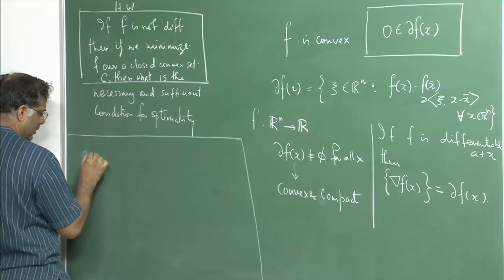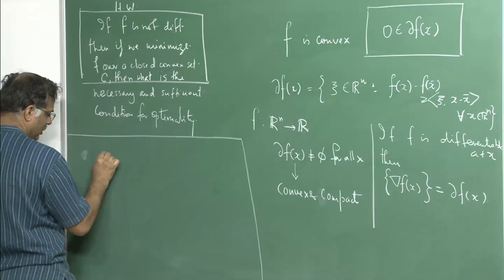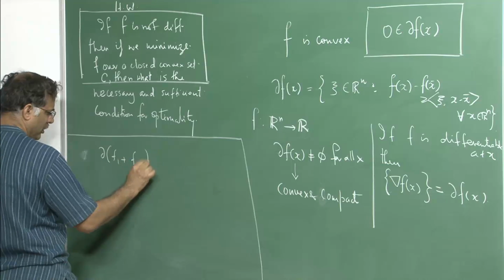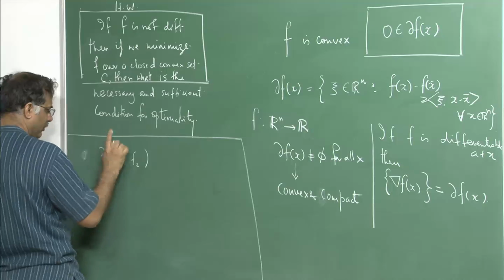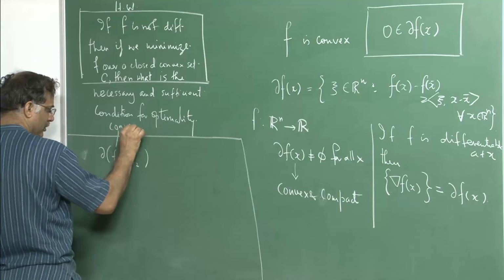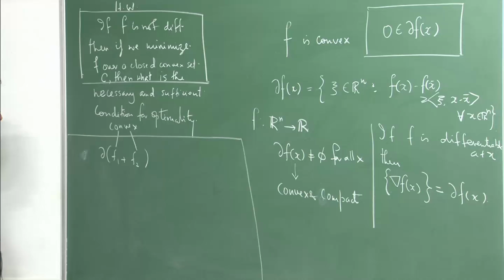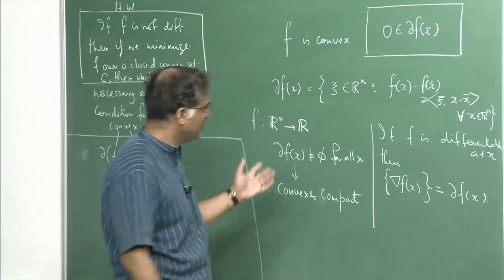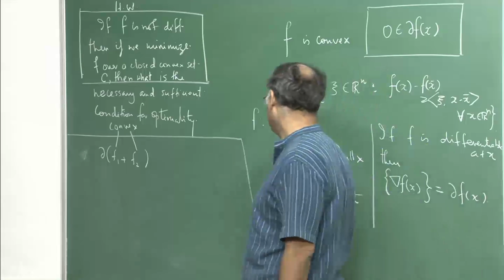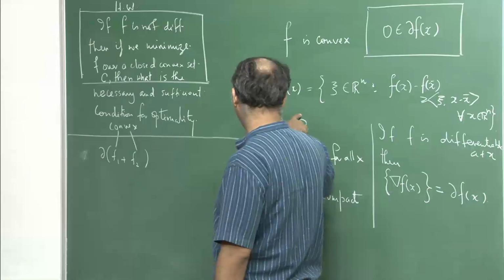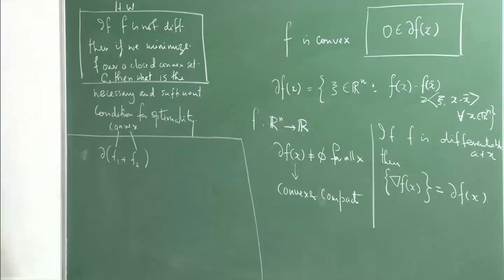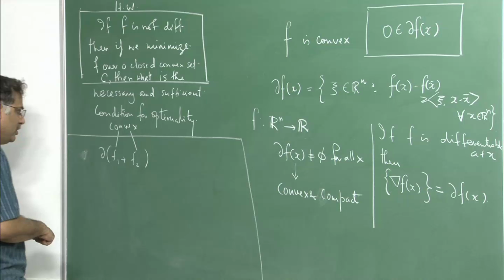So, it says that del of, if you have two convex functions, see here everything is convex, so I am not writing convex each time. I am giving you all these in a simpler description. Actually, in more advanced texts, you have f from Rn to R bar, where R bar is the extended real line which includes minus infinity and plus infinity.